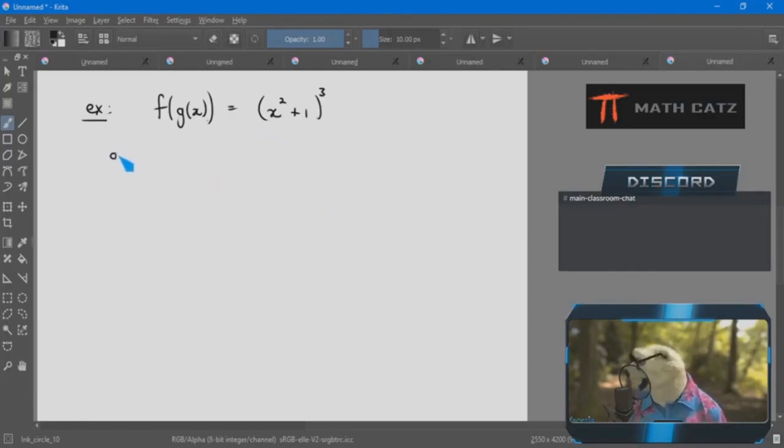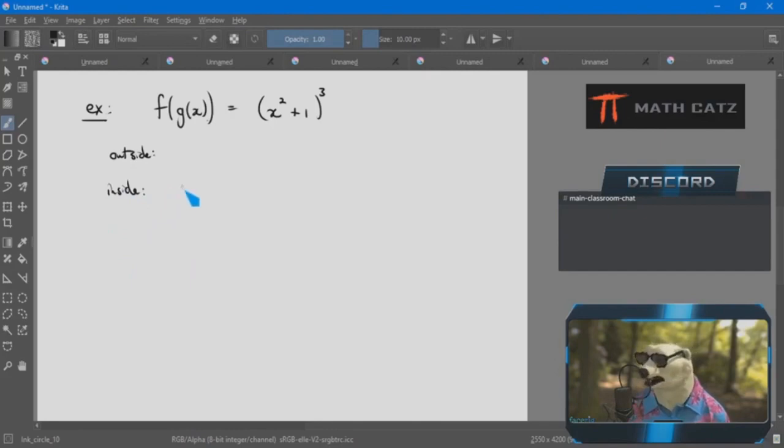So now I can think of an outside function and an inside function to help myself. I can't say for every single person listening to find the outside function first or the inside function first. It's a matter of personal preference. I kind of like to focus on the inside one first, but that's just me.